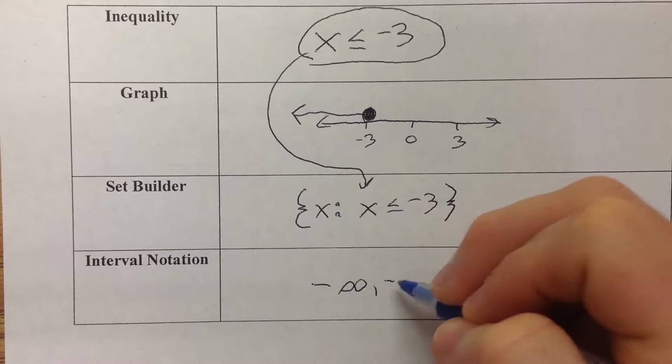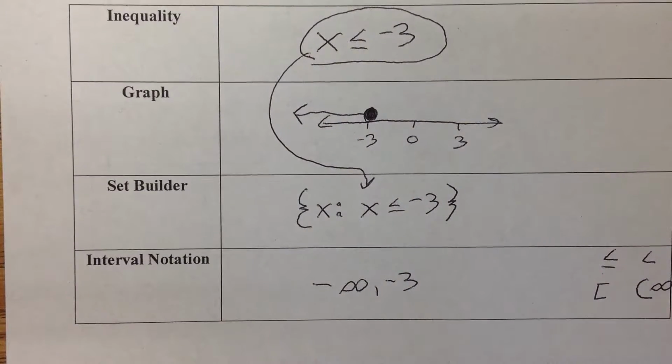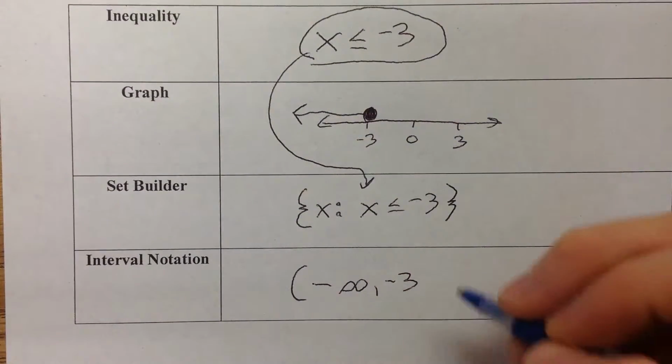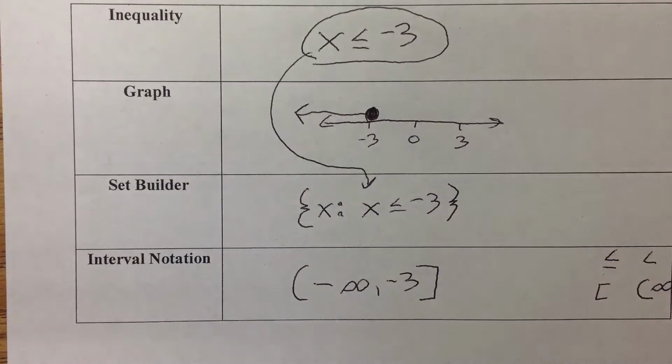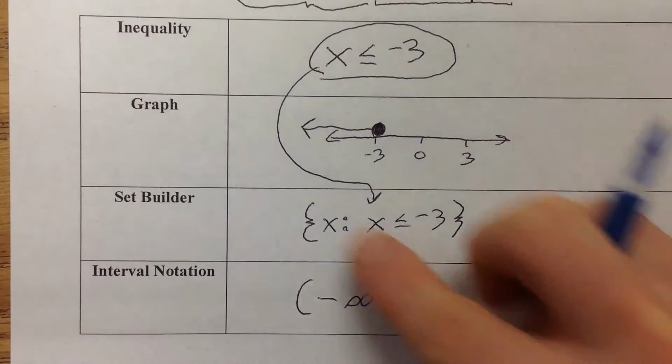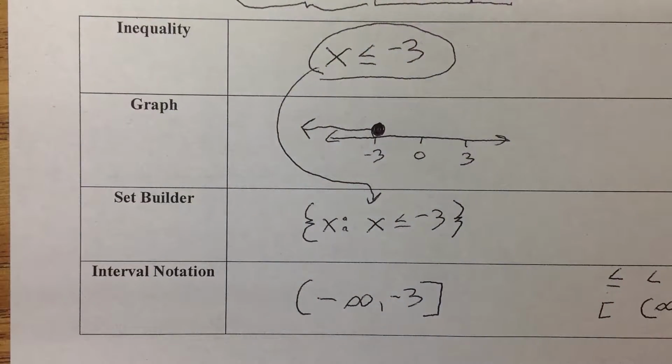The larger number always goes on the right, which is -3. Now, as we just said earlier, infinities always go next to parentheses, and then because we have a shaded circle, that's going to be a bracket. Okay. So here you're seeing kind of 4 different ways to demonstrate the same inequality.